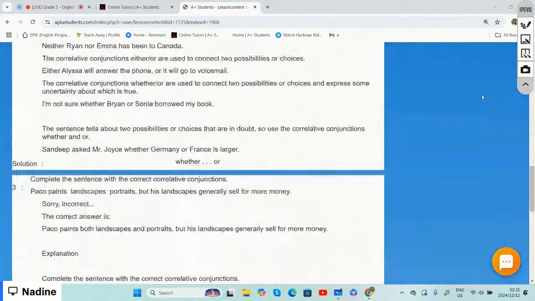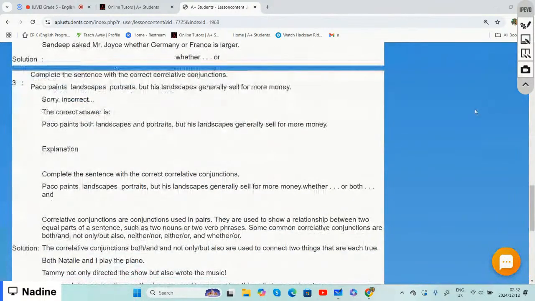All right. The next one says, Paco paints. So over here we can use both and. So we're going to use both and in the sentence.